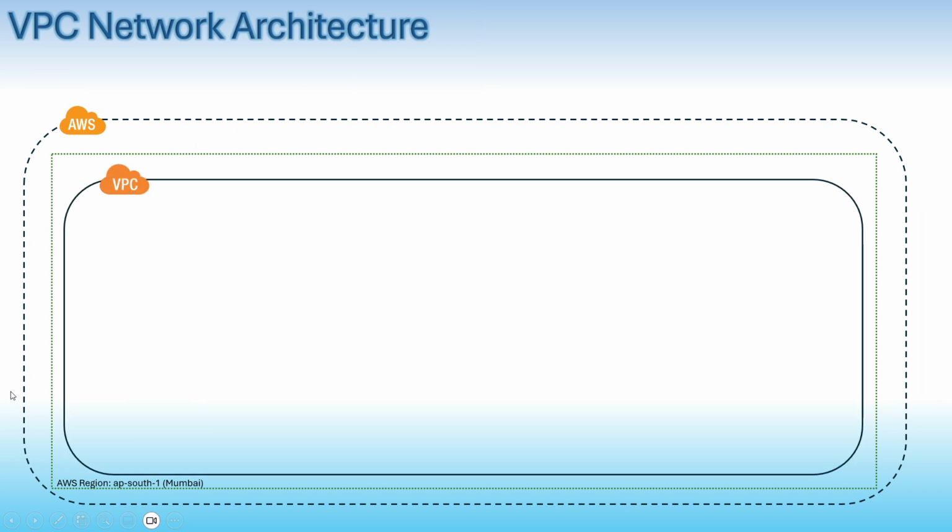Right now, if you see, I have denoted that with a solid line, which means that whatever components we create inside this are not going to connect with the outside world. While creating the VPC, we need to pass a CIDR IP.